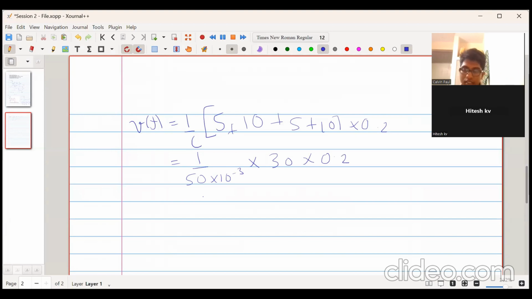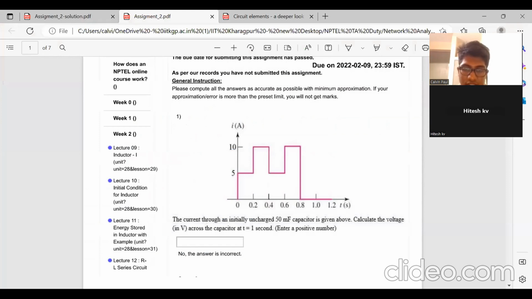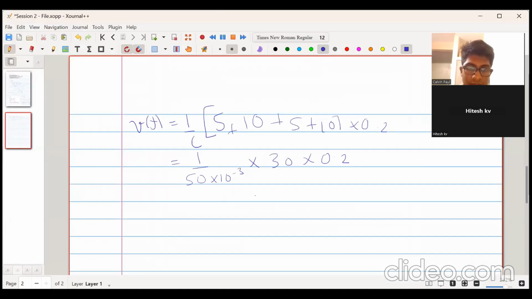We will further simplify, and they want the voltage across the capacitor at t equal to 1 second, just in terms of V. So that will be 10 to the power 3 into 3 into 2 upon 50. That will be 100 into 10 into 6 upon 50. So that will be equal to 120 volt. This will be the voltage across the capacitor.